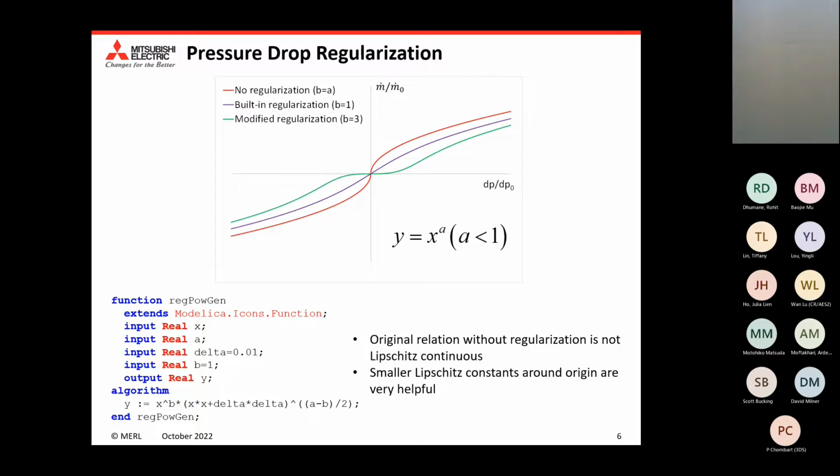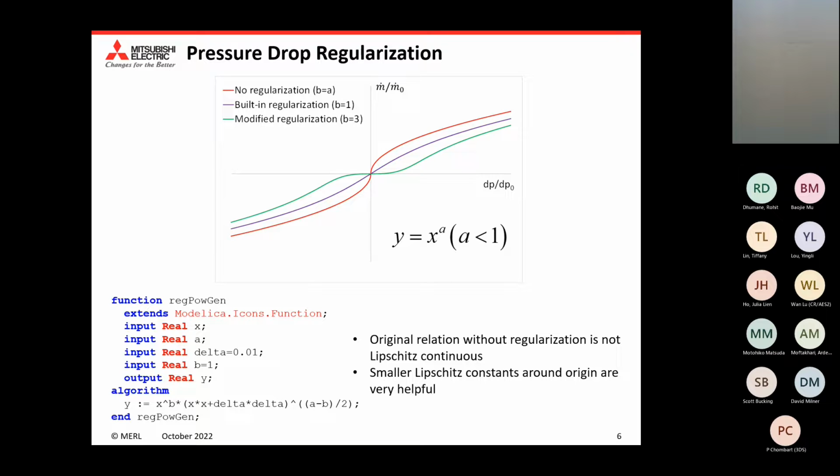So if we have some modest pressure change, the mass flow rate will not be that sensitive, so that you don't get the high frequency oscillations in the mass flow rate.